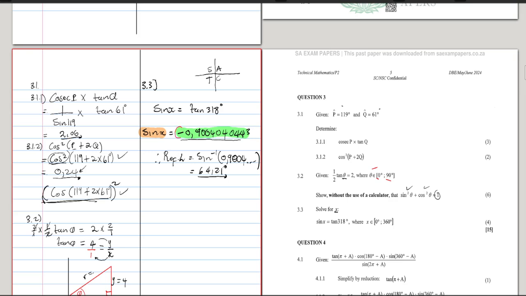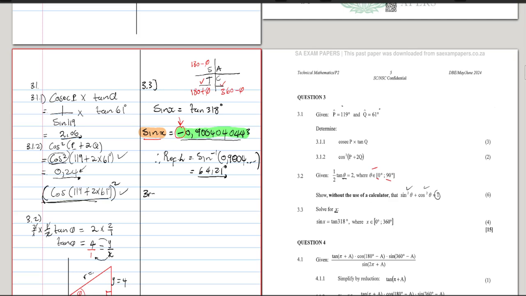We are looking for parts of the Cartesian plane or the CAST diagram where sine is negative. It's the third and the fourth quadrant. In the second quad, I have this reduction formula, 180 minus theta, and 180 plus theta in the third, and here I have 360 minus theta.